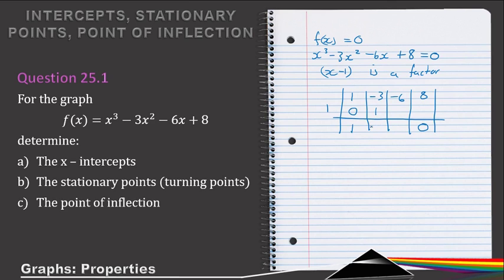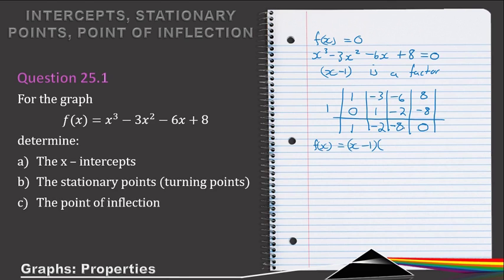Negative 3 plus 1 is negative 2, negative 2 times 1 is negative 2. Negative 6 plus negative 2 is negative 8. Negative 8 times 1 is negative 8. And I get 0.